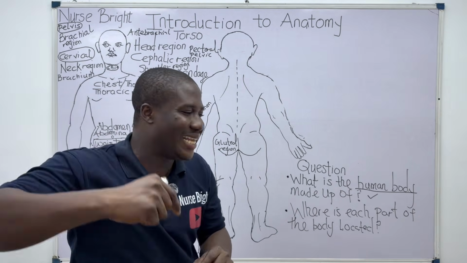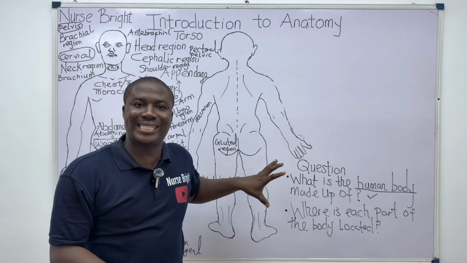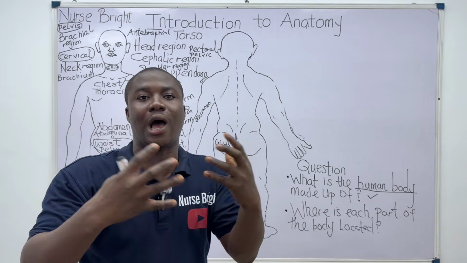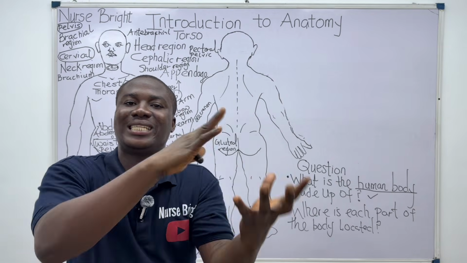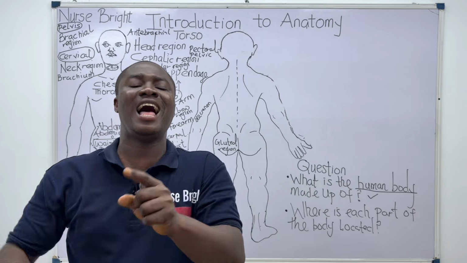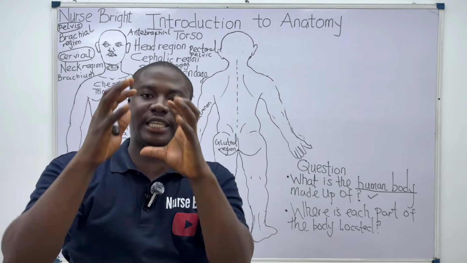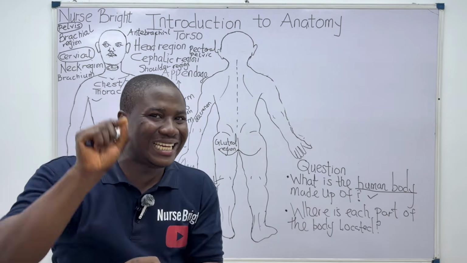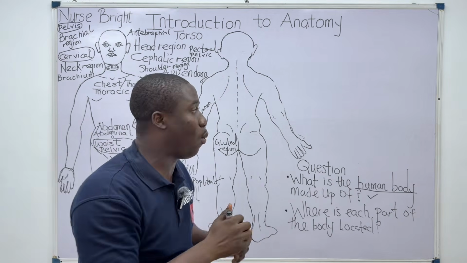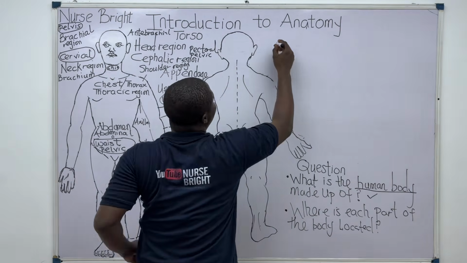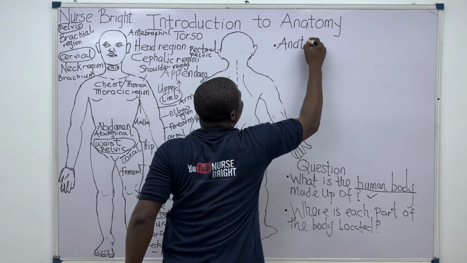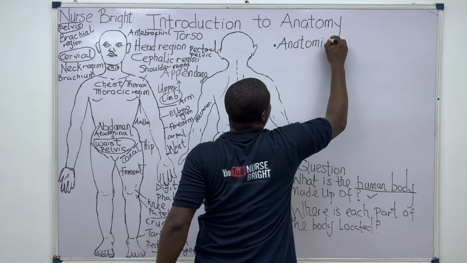To be able to understand where exactly different body structures are located and how they are related to one another, you must be familiar with some terms. Listen and listen well. These terms include, number one, the first term is called anatomical position.